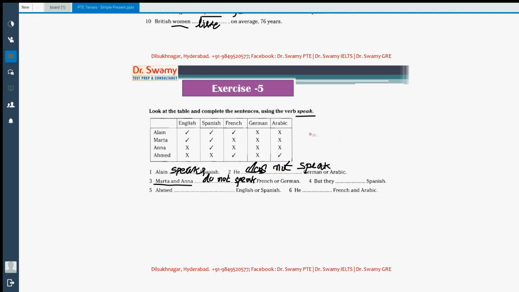But what is true about them? They know, of course, in all the cases it is a true table. But they, about Spanish. Yes, they speak. Both of them are able to speak.